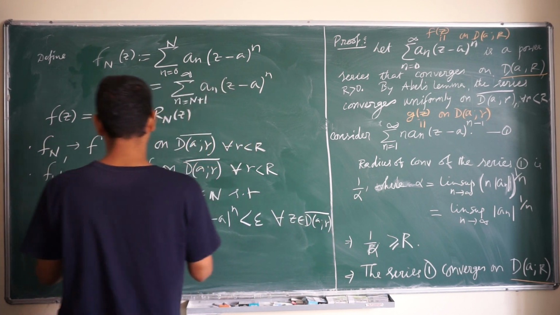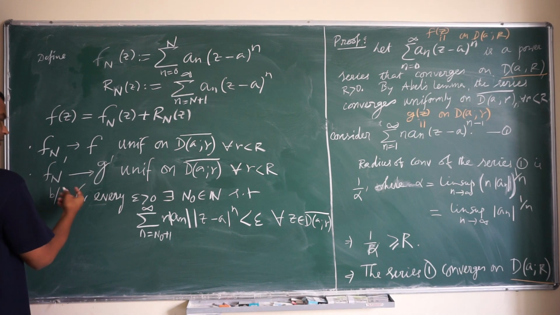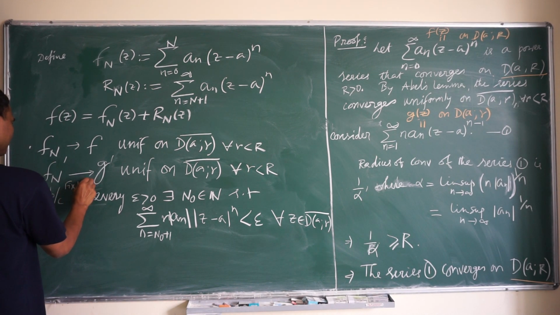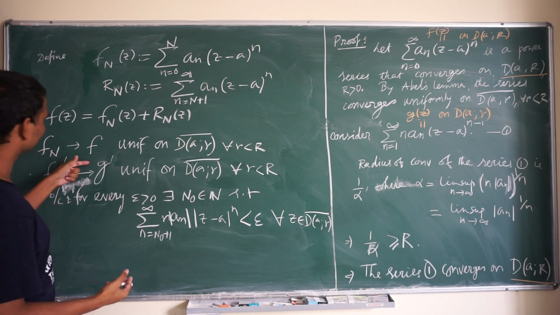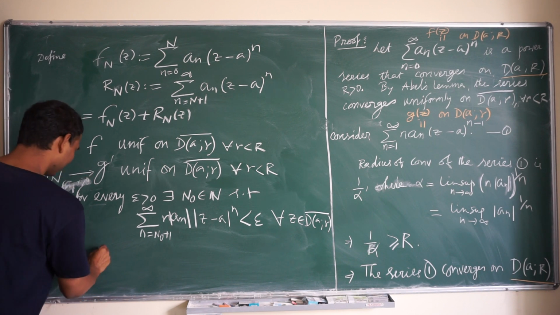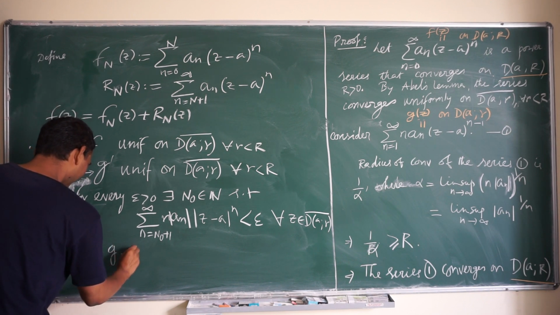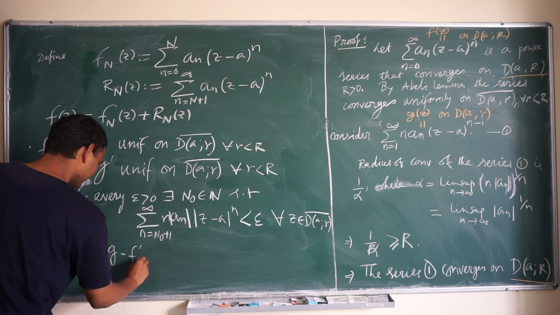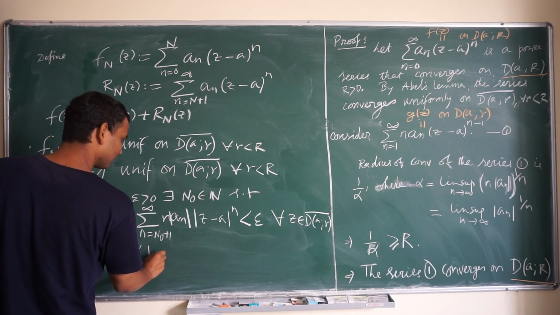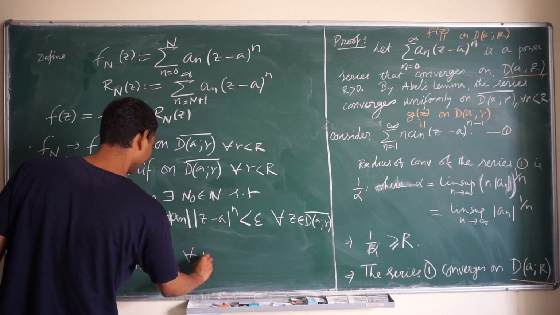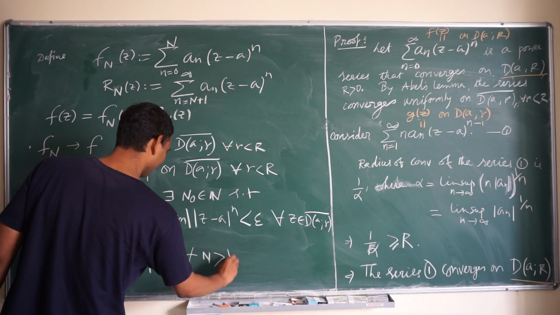So fix an R first. Fix R greater than 0, and for every epsilon you have this. Alright, and now this Fn prime minus G is less than epsilon for all n bigger than n naught.